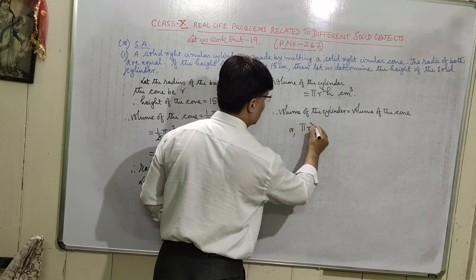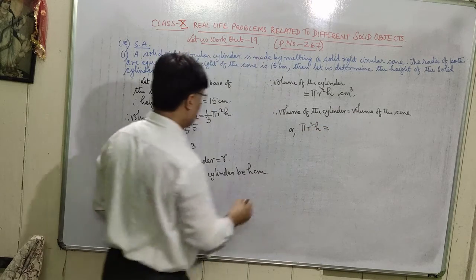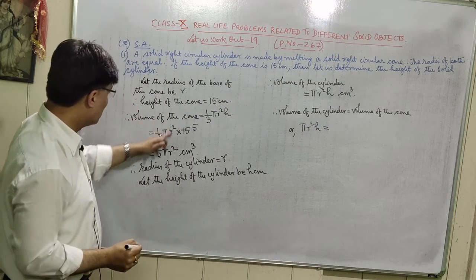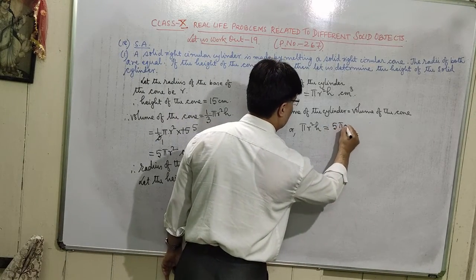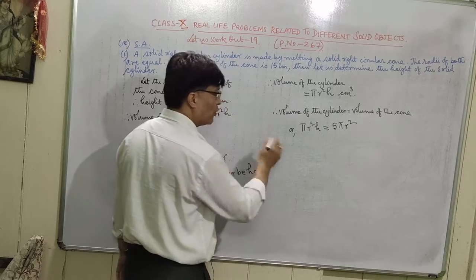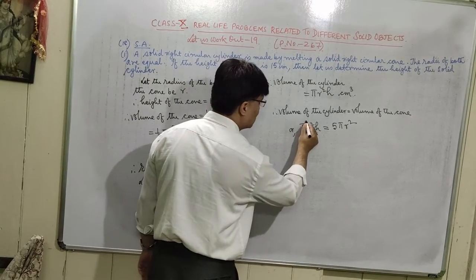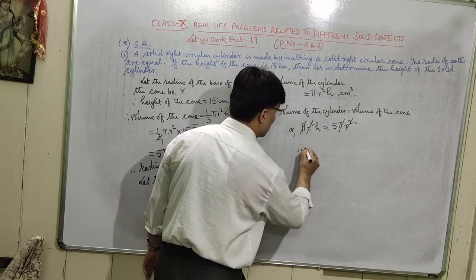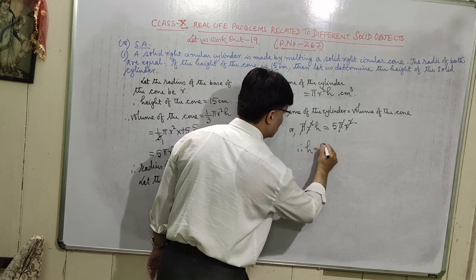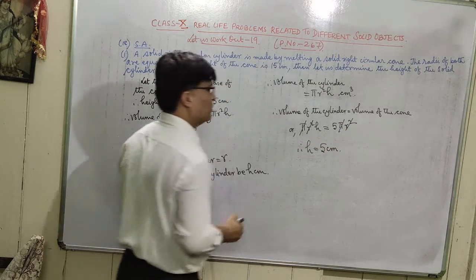It is pi r square h, which is equal to, volume of the cone is 5 pi r square. So from both the sides you can cancel the similar terms. Pi and r square will be cancelled. So what is h here? H is equal to 5 centimeter.